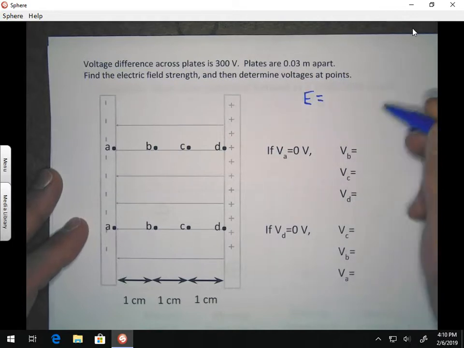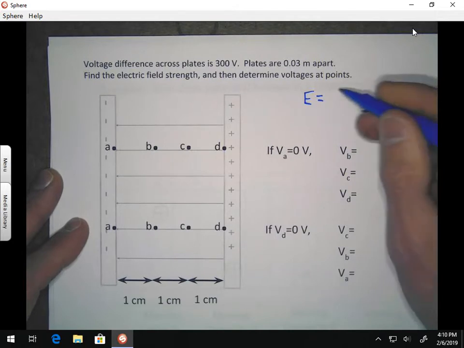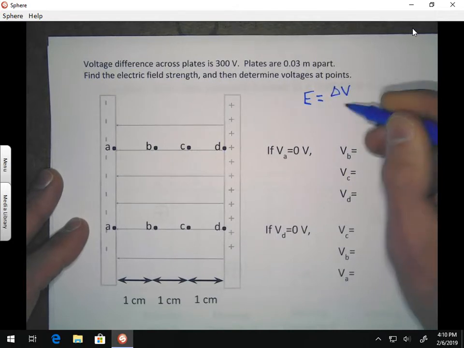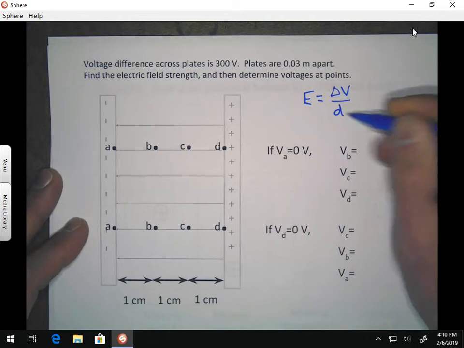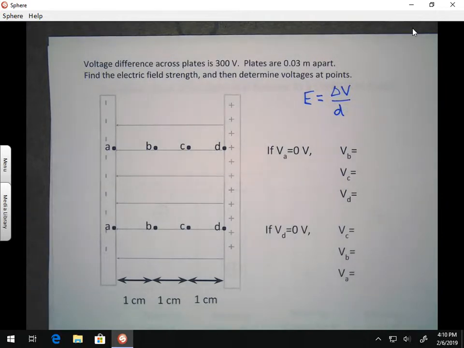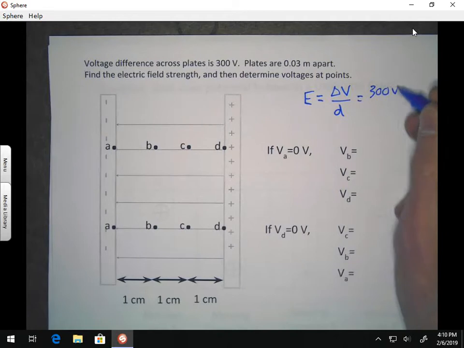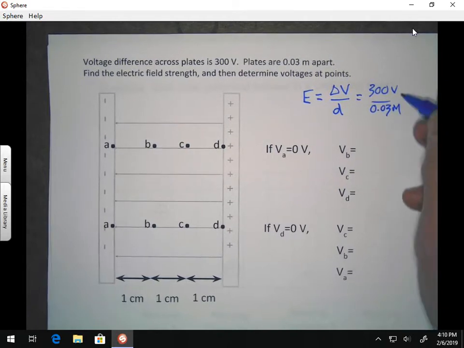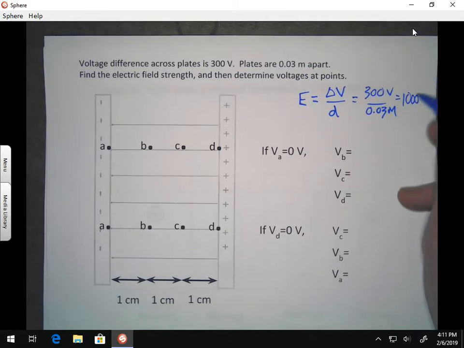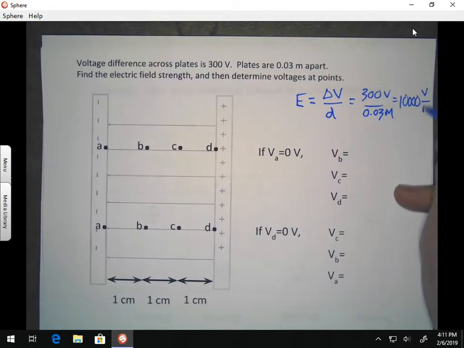The electric field is going to be equal to the change in the potential divided by the distance. And in this case, I'm going to use D as the distance between the plates. So that's going to be 300 volts divided by 0.03 meters. And that's going to be 10,000 volts per meter.